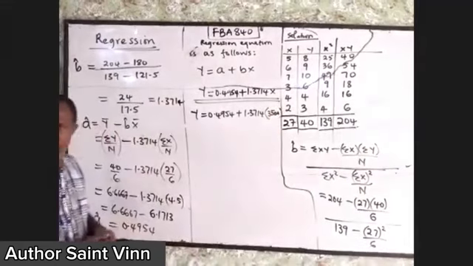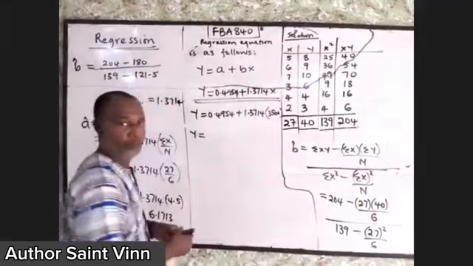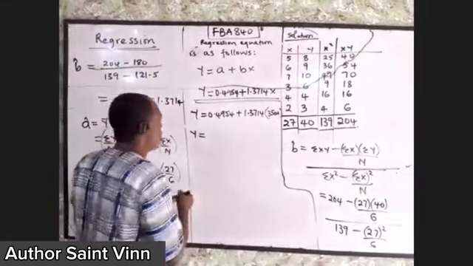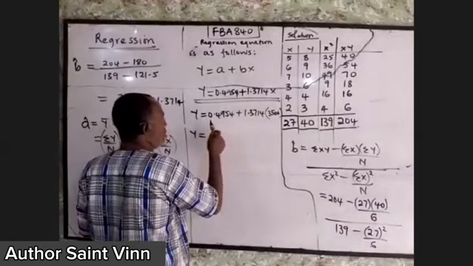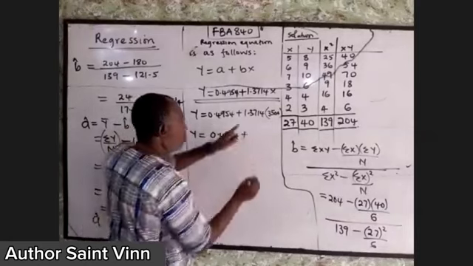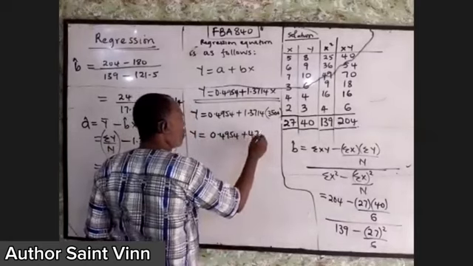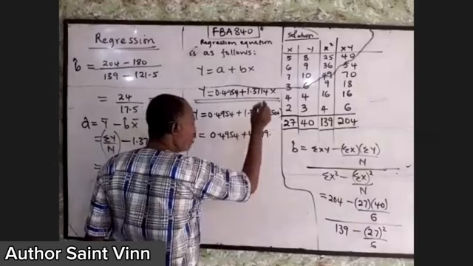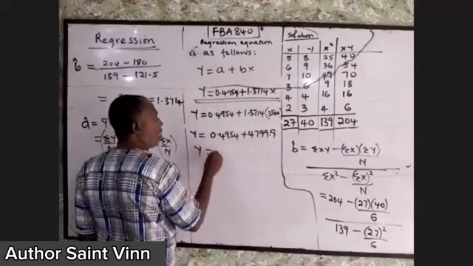Good. So we can now predict the family income, which is y. Let's take it easy, 0.49 plus, what is this one? 4799.9.